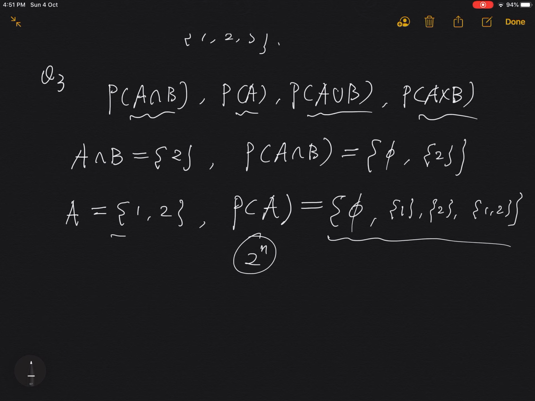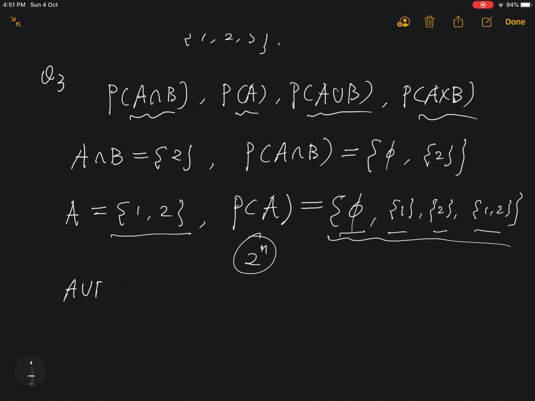So we have 2 elements, right? So the cardinality of the power set should be 2 to the power of 2, which is 4. So we will have 4 elements. So 1, 2, 3, 4. So this can make sure you got the correct answer.